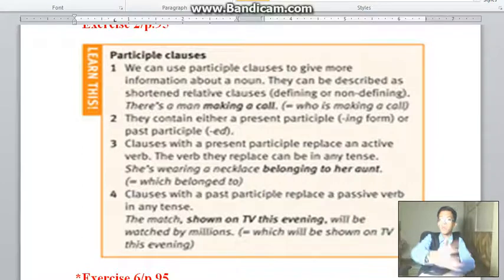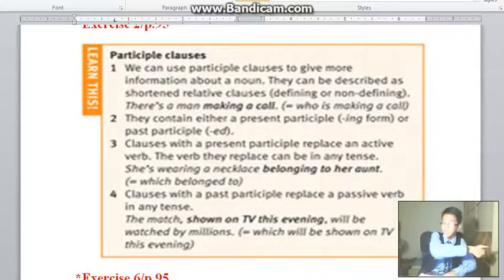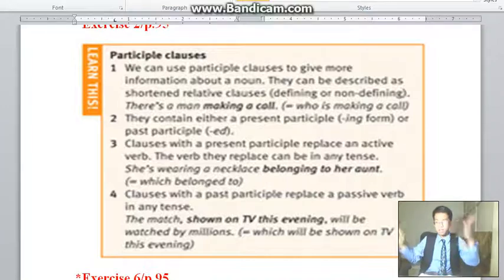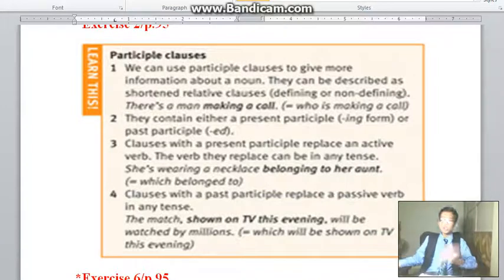Alright, so since now when I say present participle, you will have to know that is the verb ending with ing. Or when I say past participle, you have to know that the verb ending with ed form is the past participle. Alright, so you can know right now, and to make our words more knowable.